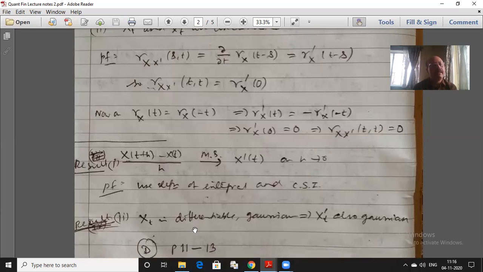And that result, in essence, also tells me that if x_t is differentiable and Gaussian, then the derivative process x prime will also be Gaussian.